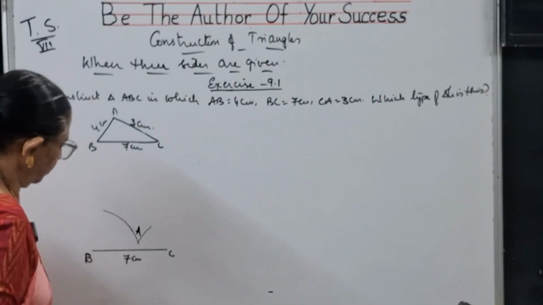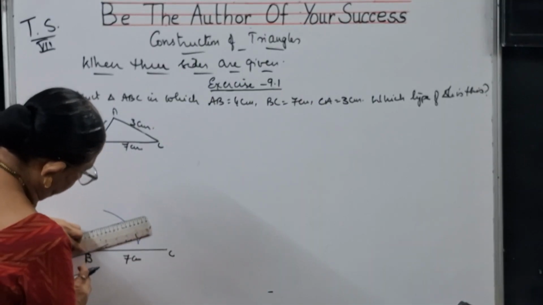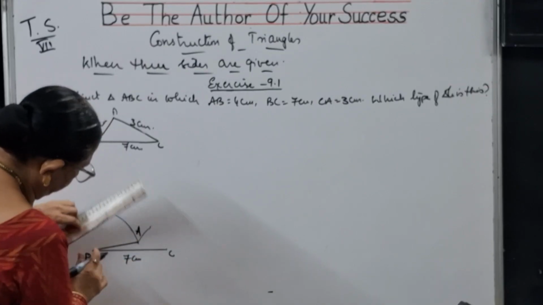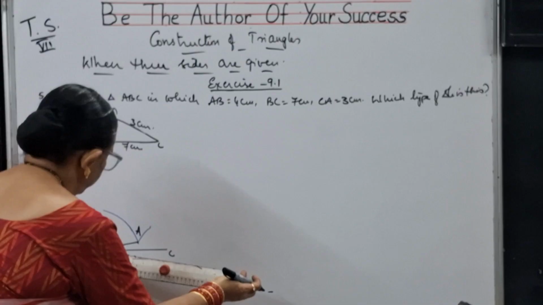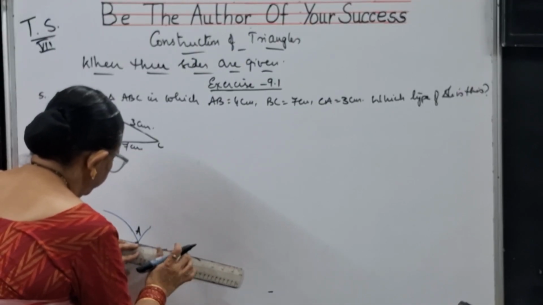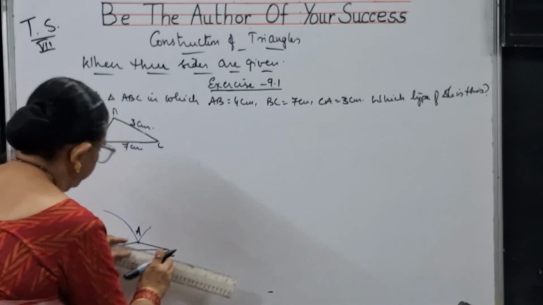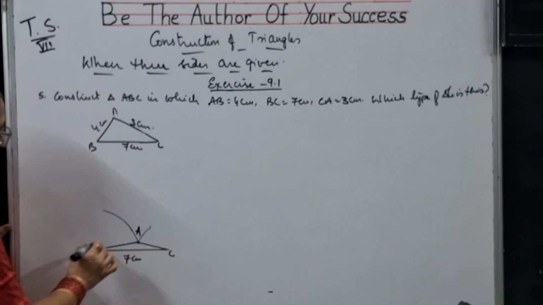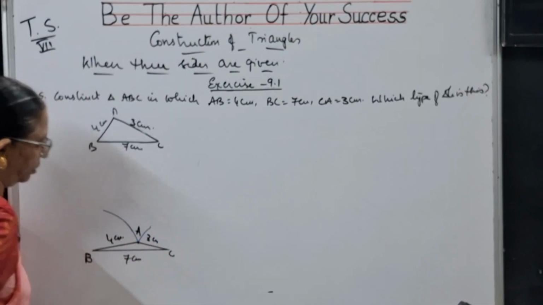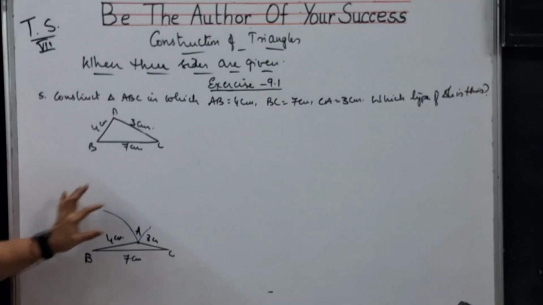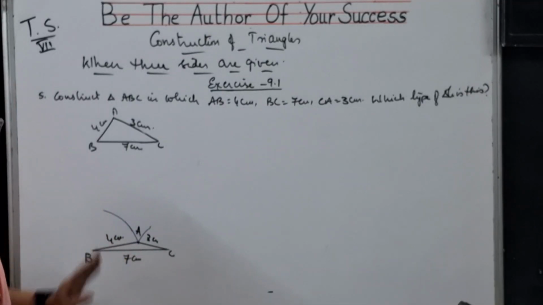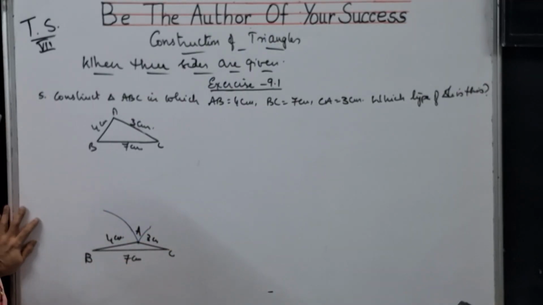This is B. So I should join A and B and A and C. Now AB is 4 centimeters, AC is 3 centimeters. So when you take like this, I got a very small difference between them, children. Your wish, you can take AC as base or AB as base, but anyway, you will be getting a triangle.